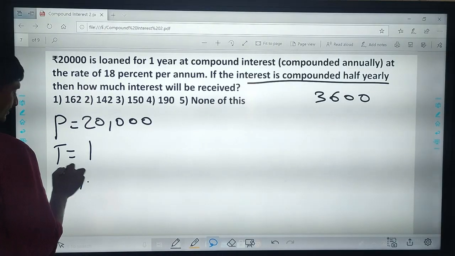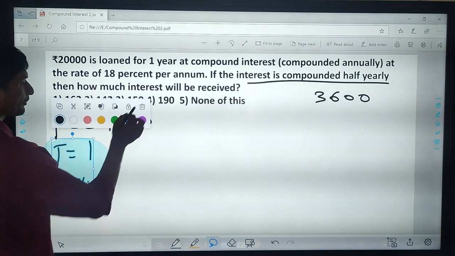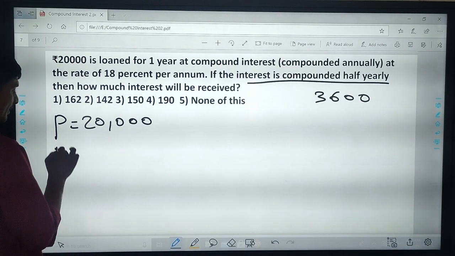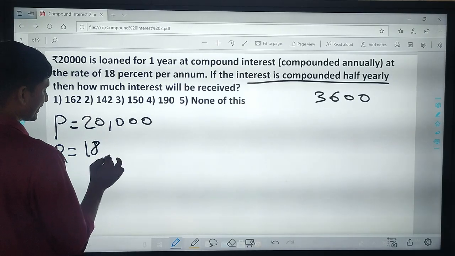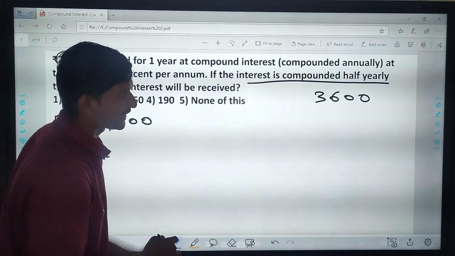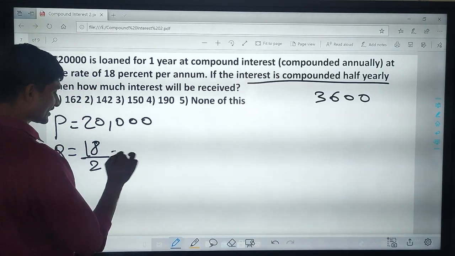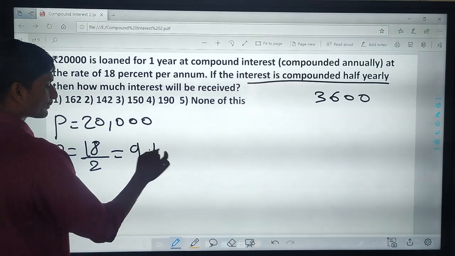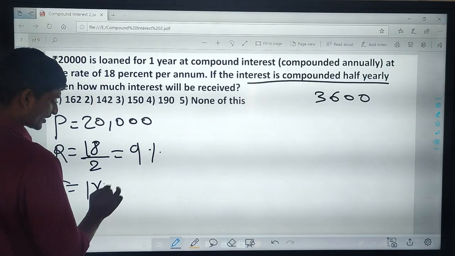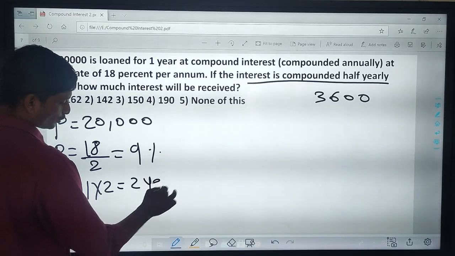Now here, if it is compounded half yearly, then rate of interest is equal to 18 divided by the factor. Half yearly means by 2. Then your interest rate is 9% and your time duration is 1 into 2, that is 2 years.